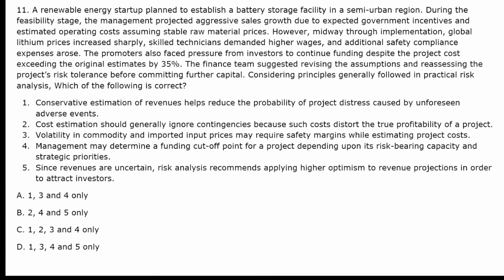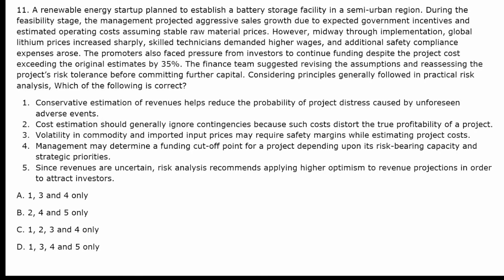A renewable energy startup planned to establish a battery storage facility in a semi-urban region. During the feasibility stage, the management projected aggressive sales growth due to expected government incentives and estimated operating costs assuming stable raw material prices. However, midway through implementation, global lithium prices increased sharply.